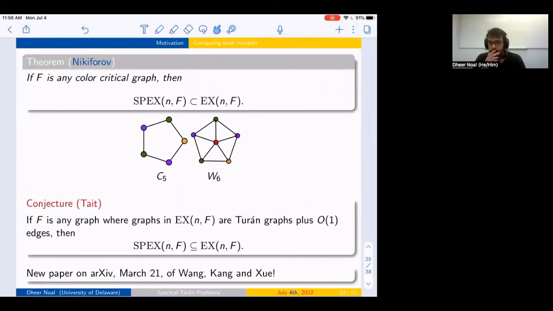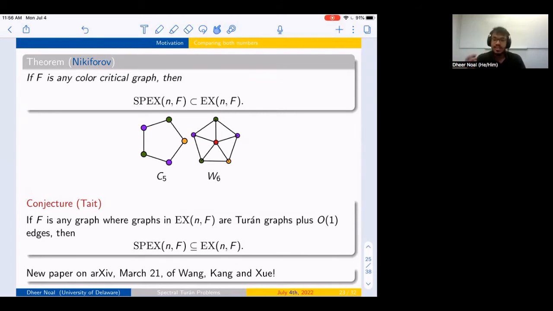Right. And I mentioned the chromatic number is interesting previously. This is because if your forbidden graph is color critical, which means there is some edge inside it, deleting which you reduce your chromatic number by 1, then it was shown by Nikiforov that such a graph would have a spectral extremal graph which is also edge extremal.